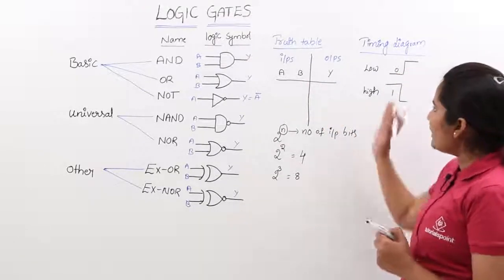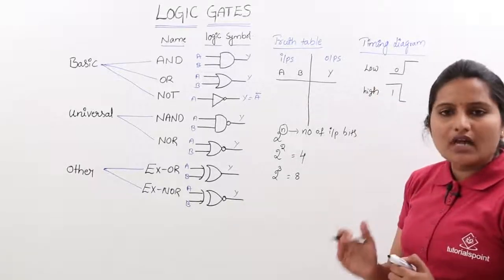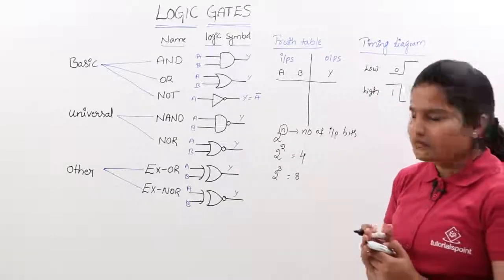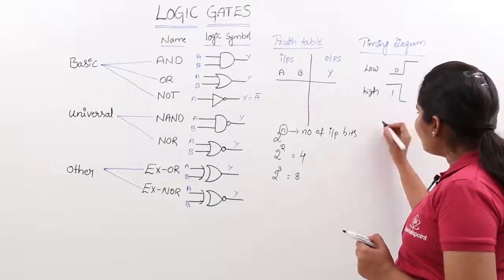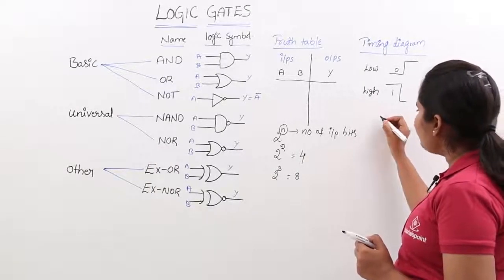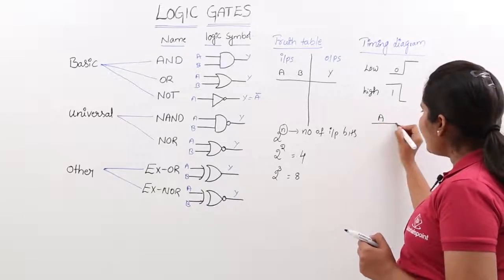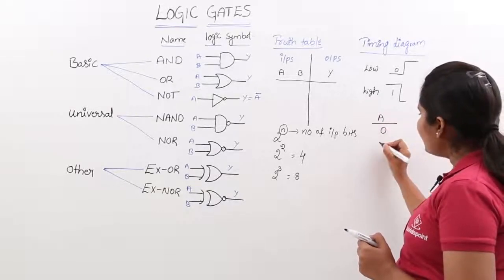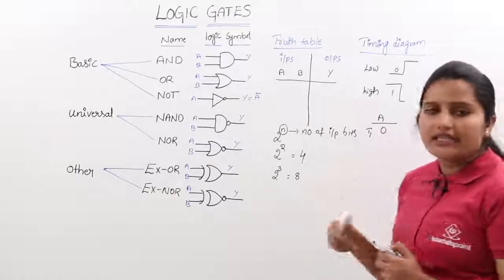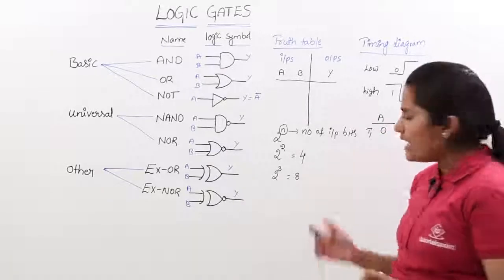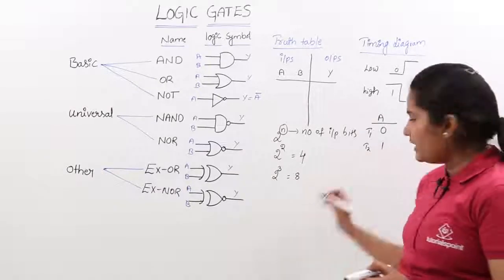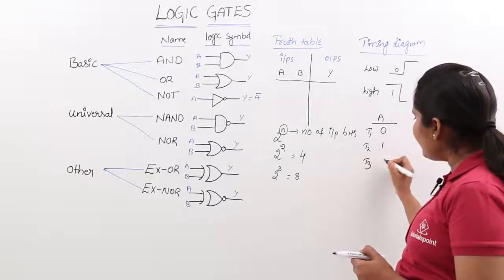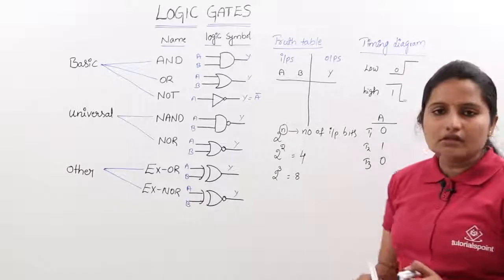Now, by using this we are going to draw some timing diagrams. For example, if you want to draw the timing diagram for A, A is 0 at T1 time cycle, at T2 time cycle A is equivalent to 1, and at T3 time cycle again it is pulled down to 0.